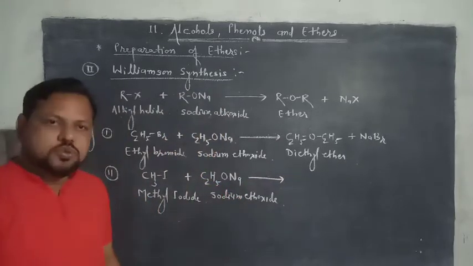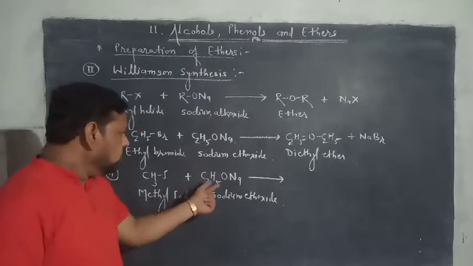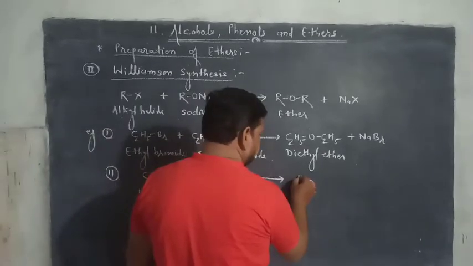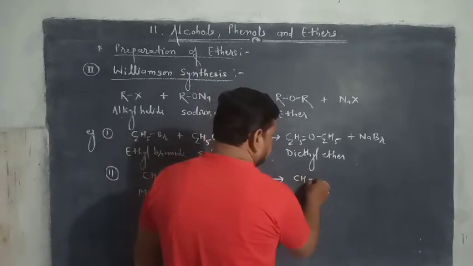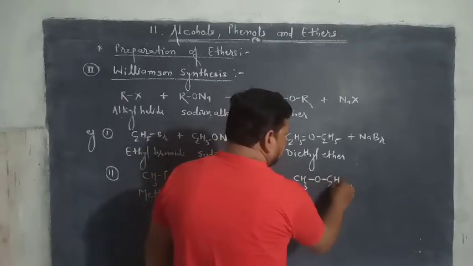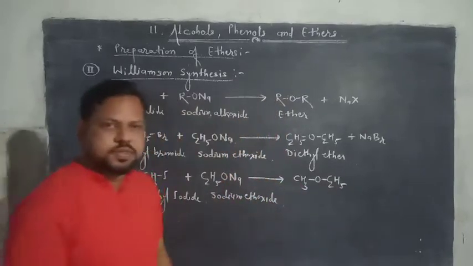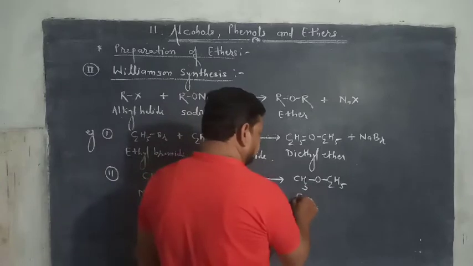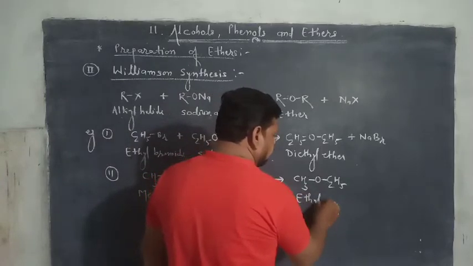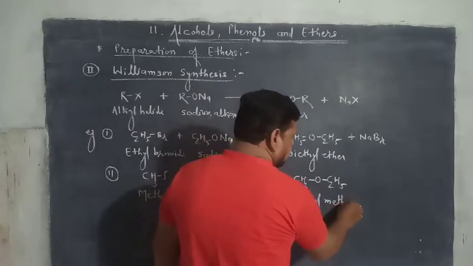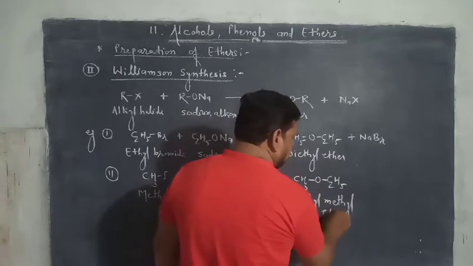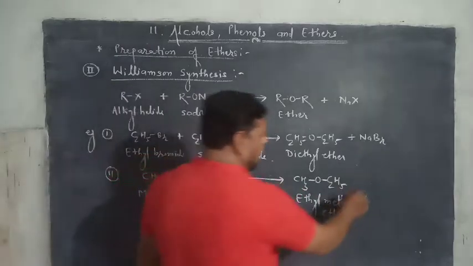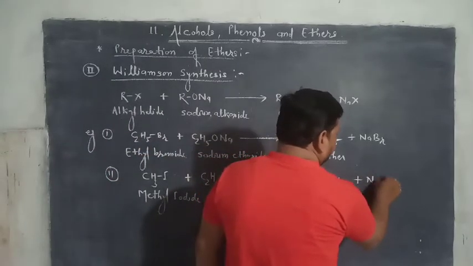Then it gives C2H5OCH3, and the name of this compound is ethyl methyl ether, and NaI, sodium iodide.